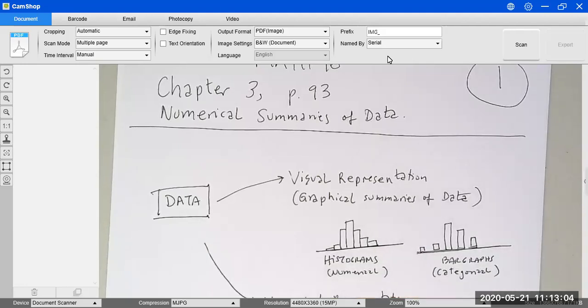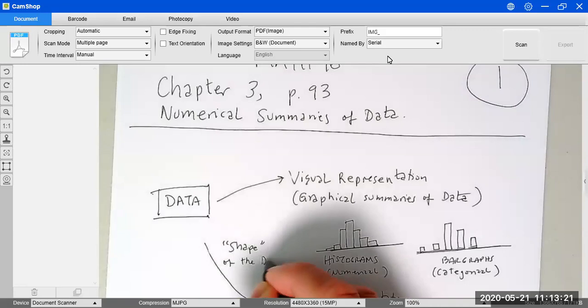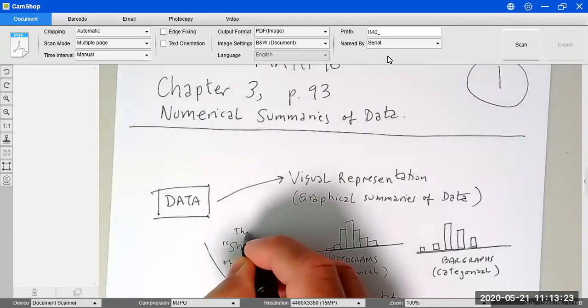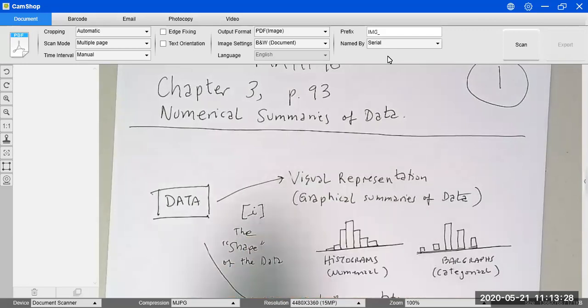So that was our first step in trying to know about the sample and trying to know about the population. We were able to know about the shape of the data. So that was our first step, the shape of the data.